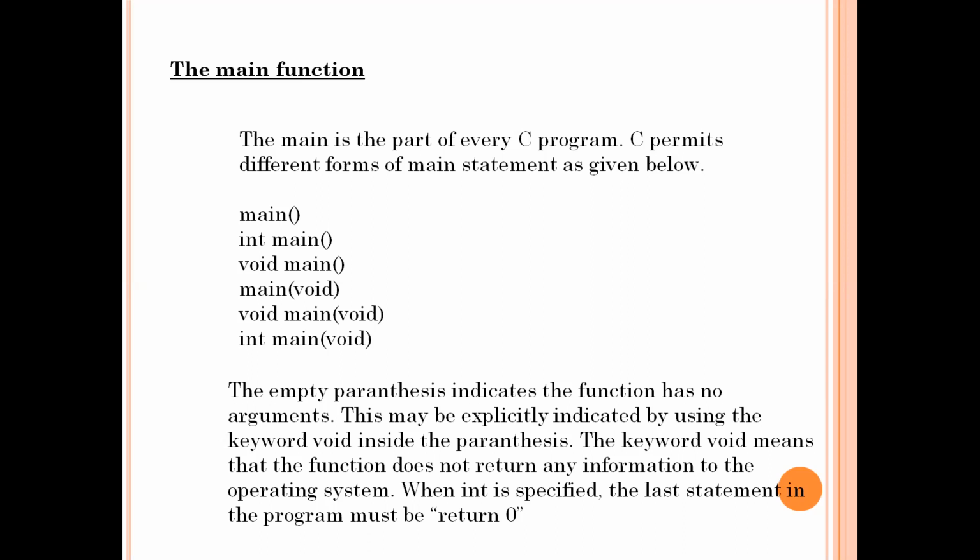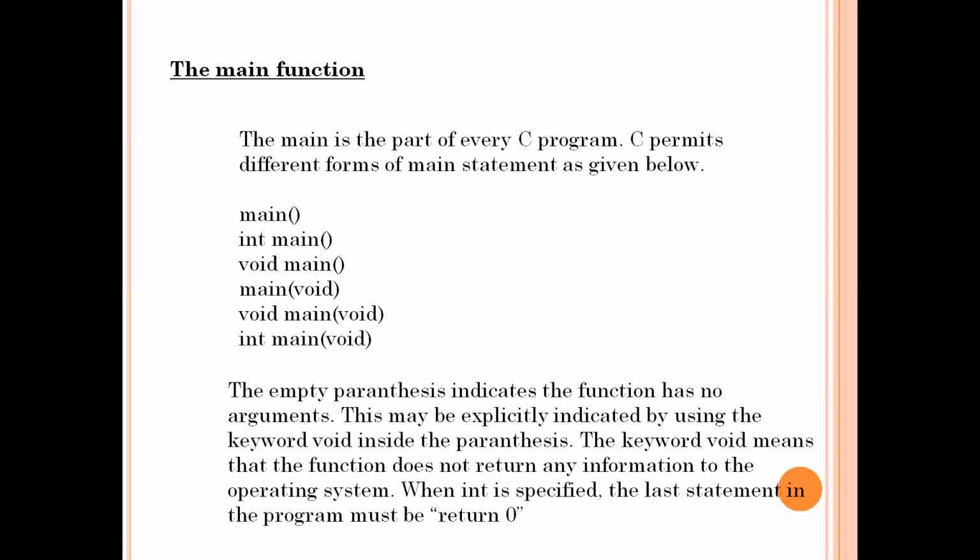Int main() is used to specify that the main function returns an integer value to the operating system. So when int is specified, the last statement in the program must be return 0. When we use int main() in our program, after the end of our function body, the last statement in our program must be the return 0 statement.